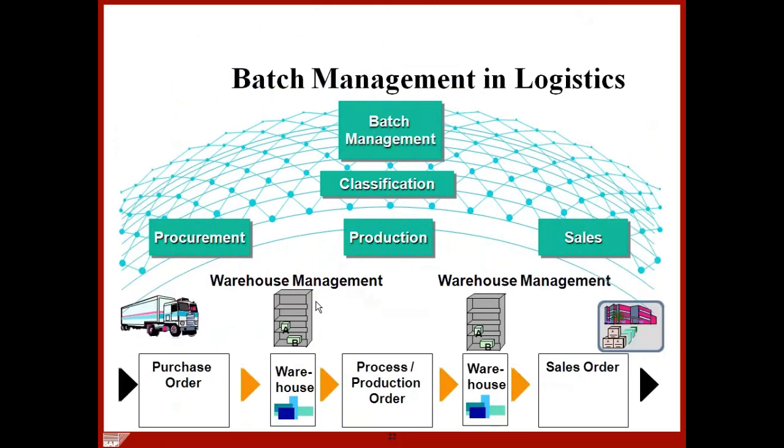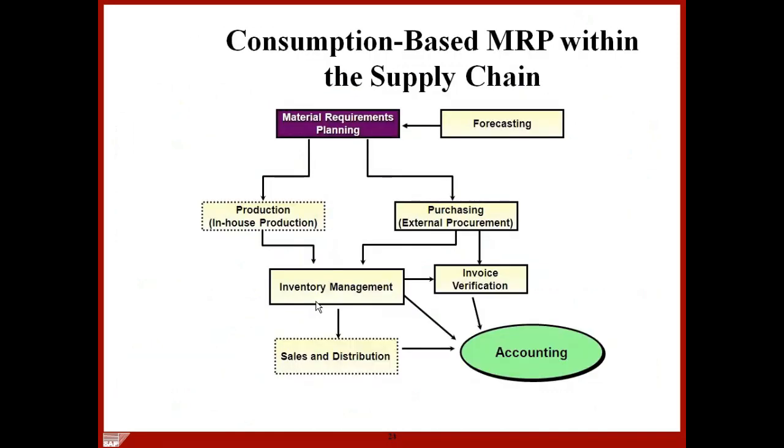Within batch management, we have got various topics like batch validity, shelf life expiration date, batch status management, etc. So all these things from the batch management perspective, we discuss. And then there is something called MRP or CBP, material requirement planning or consumption based planning.